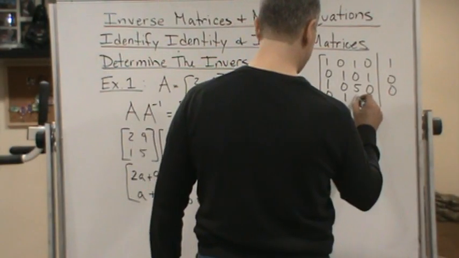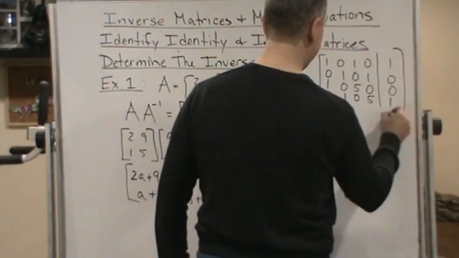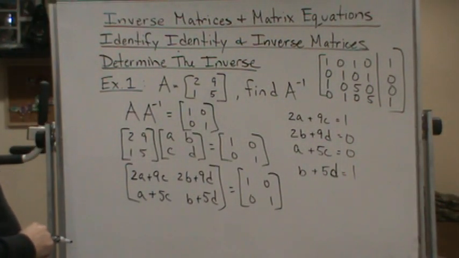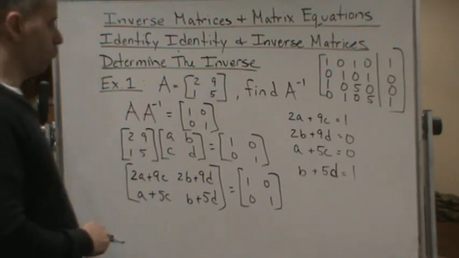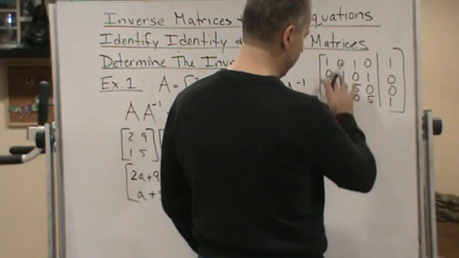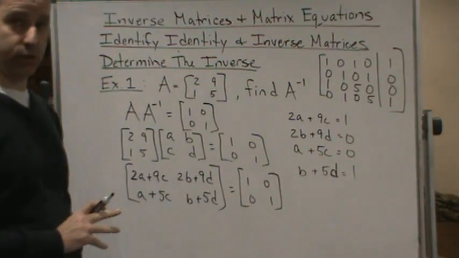So that would be 0, 5, 1. And we would just solve this, right? By setting this up in either reduced echelon form or echelon form.